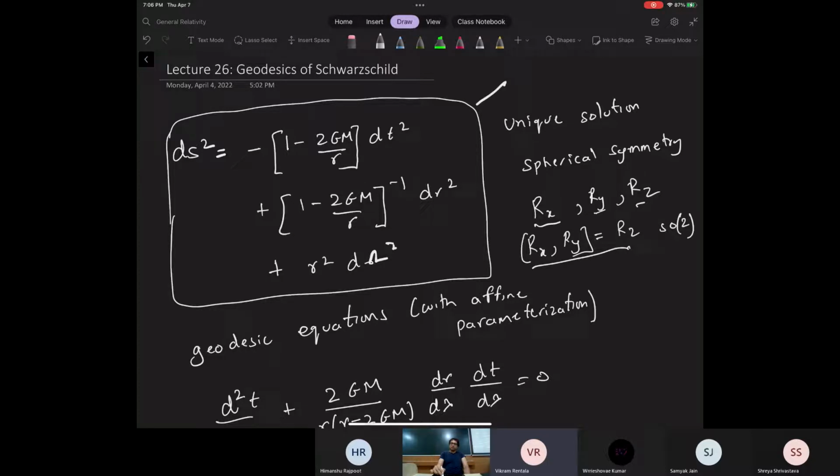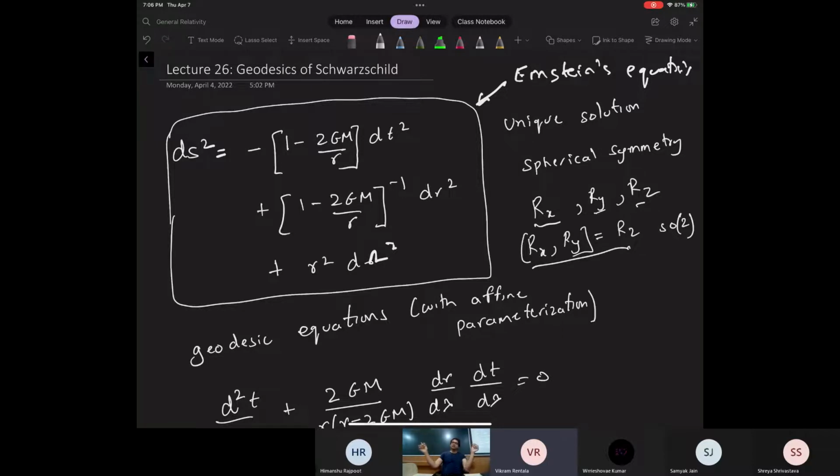And the Schwarzschild solution is the unique solution that describes such a situation which solves Einstein's equations in vacuum. Okay, this is the important point. There are other solutions that you can get that don't satisfy Einstein's equations. We're interested in the ones that solve Einstein's equations, and we're also interested in where we're solving in vacuum. That is, there are no sources present.